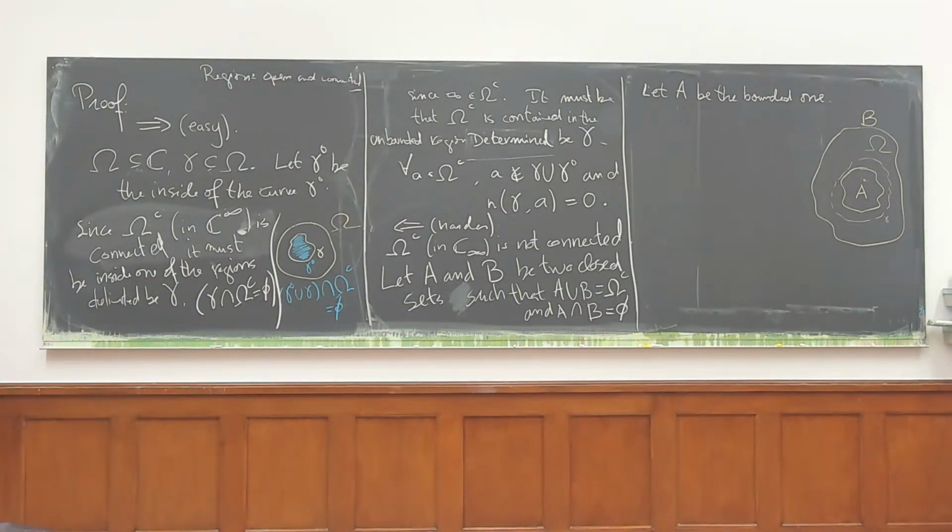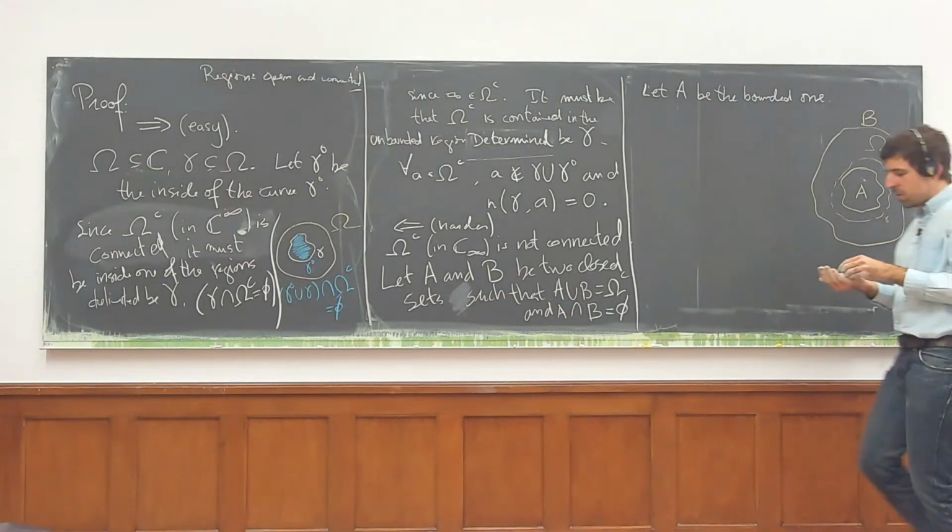Of course, a proof by picture is not really a proof because I haven't convinced you that omega looks like this. But I'm going to set a point A in A, and construct a curve that goes around A, and therefore has positive winding number with respect to the point A, without ever intersecting B, and so while being inside omega. Okay, so let's do that.